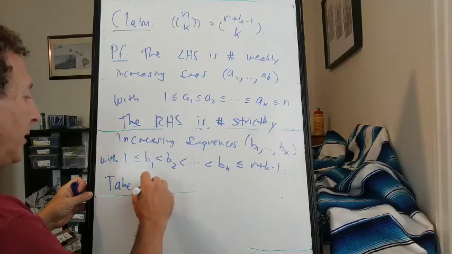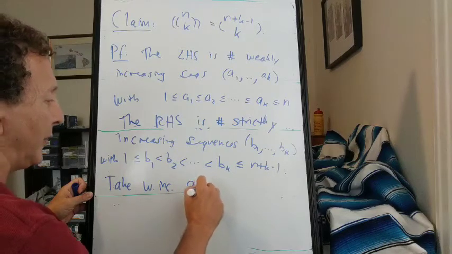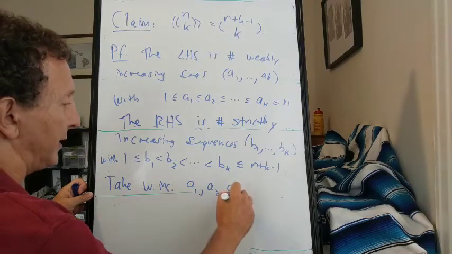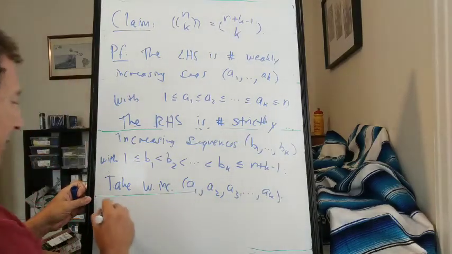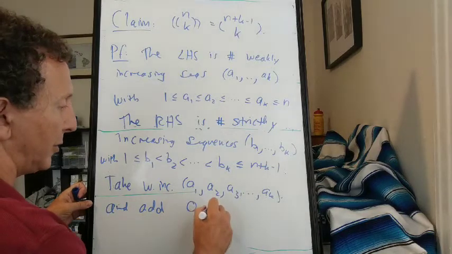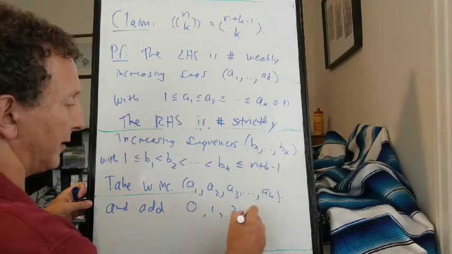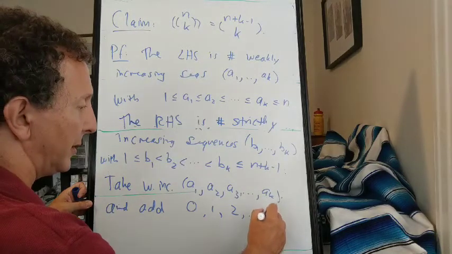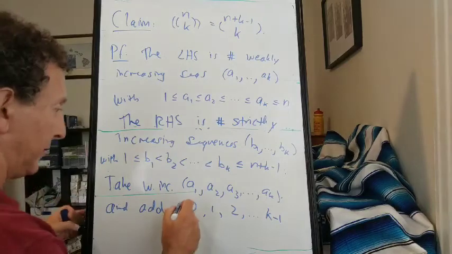So let's take weakly increasing A1, A2, A3 up to AK, and let's add 0, 1, 2, etc., up to k minus 1 to that last component.